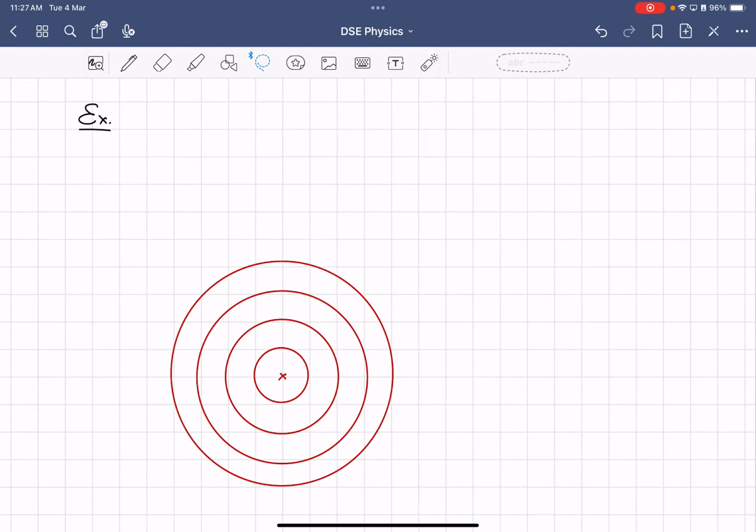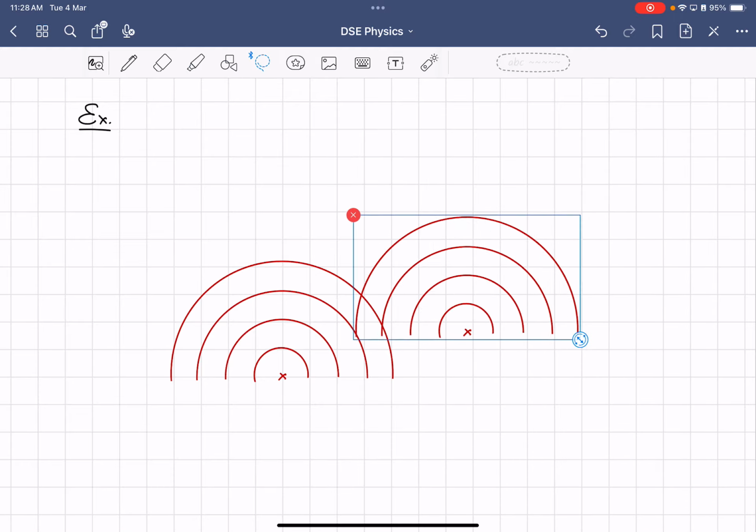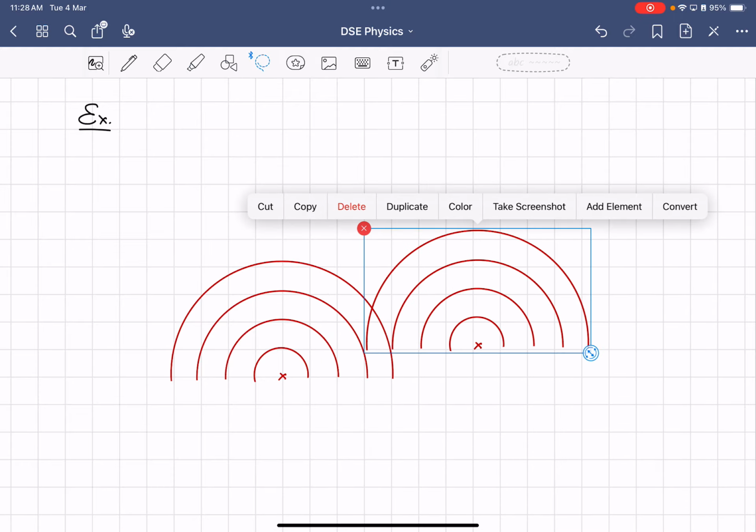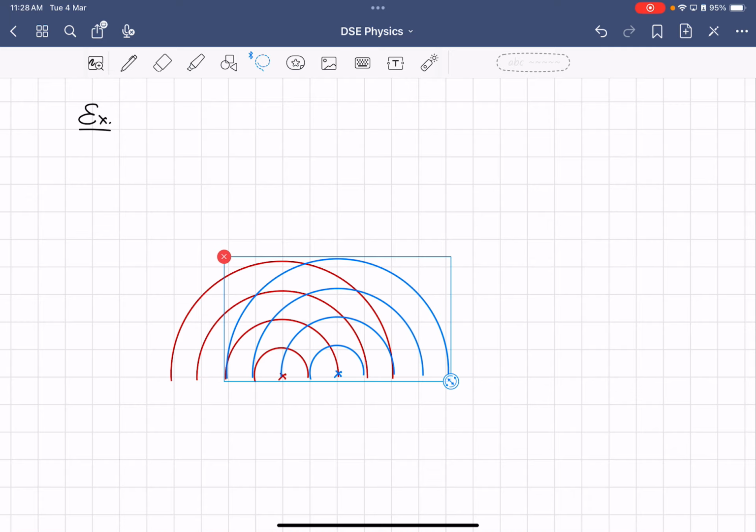Like this. And then you have this kind of spherical wavefronts in the figures. And now what they do is they produce two such waves and put them together.